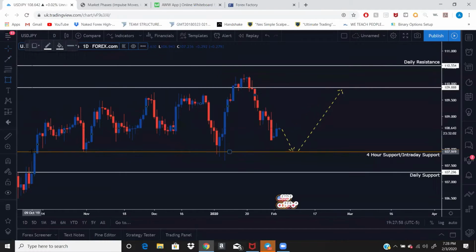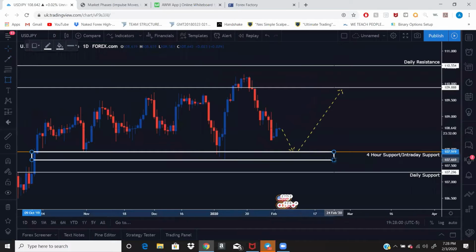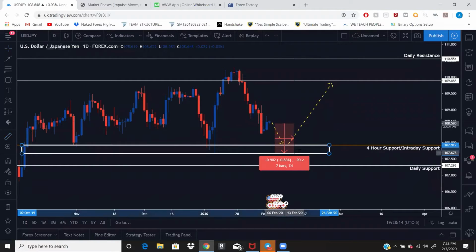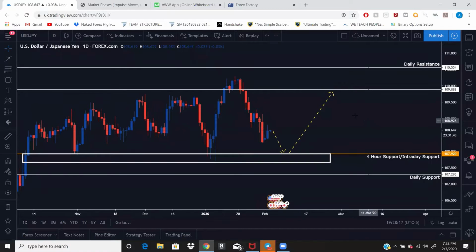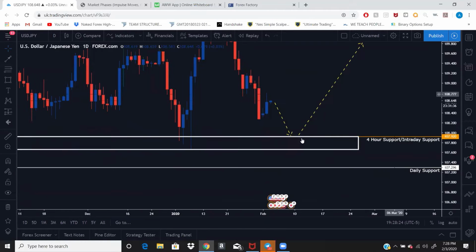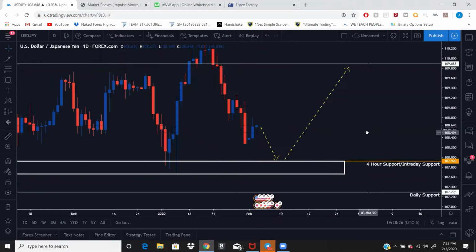So anywhere in this area here, I do expect it to fall another, what is that, 65 to 90 pips, right? Whether we get a little more pullback and then drop, or it just starts dropping from here, I do expect to see more of a drop.